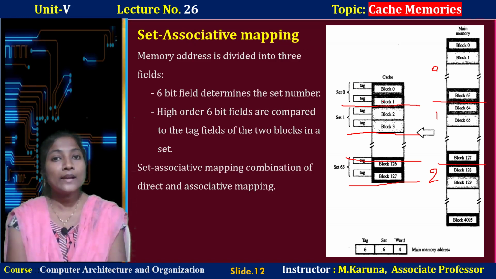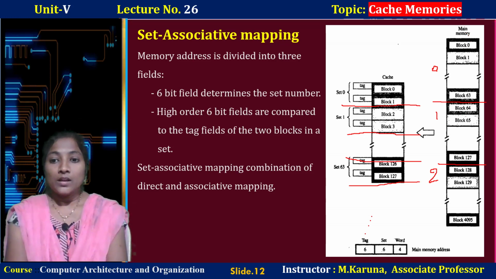If this set consists of k blocks, then we can say k-way set associative mapping. To access all these 64 groups from the main memory, 6 tag bits are required, since 2 power 6 equals 64.